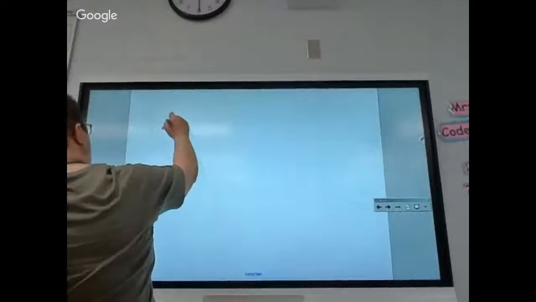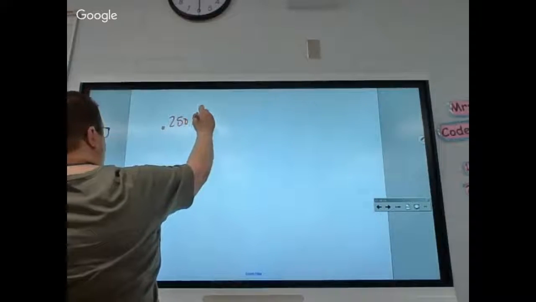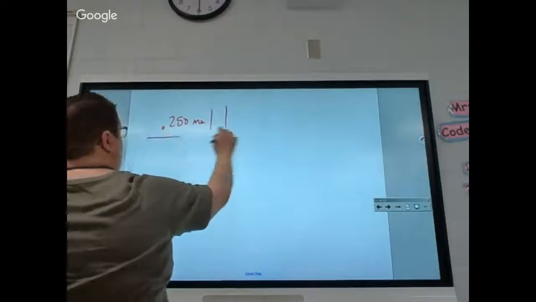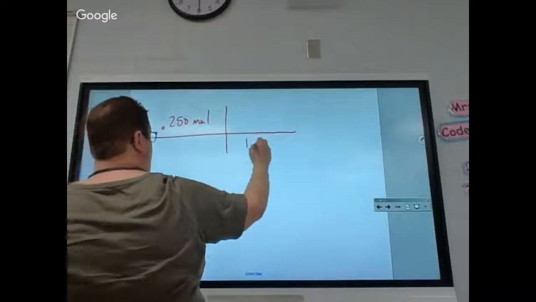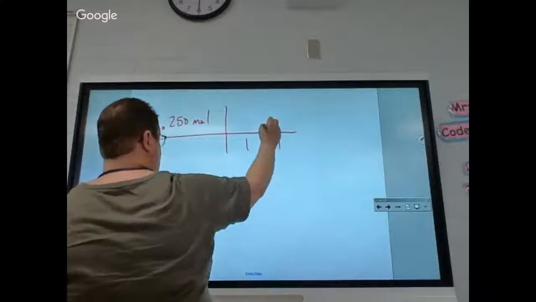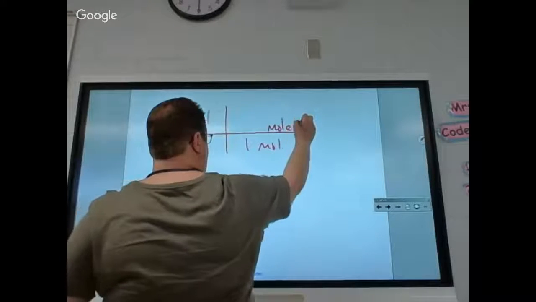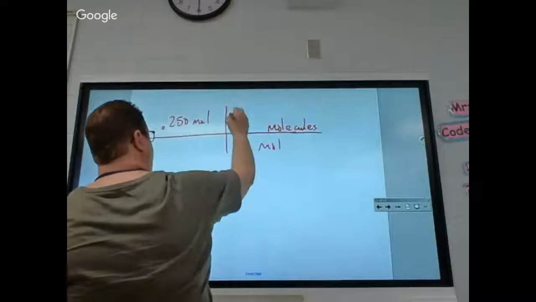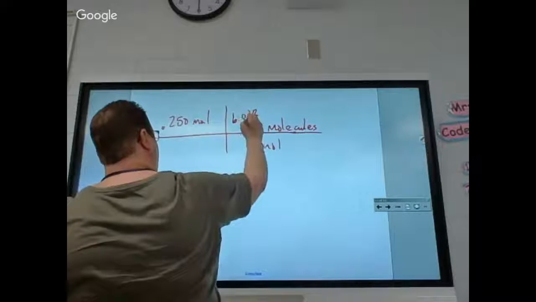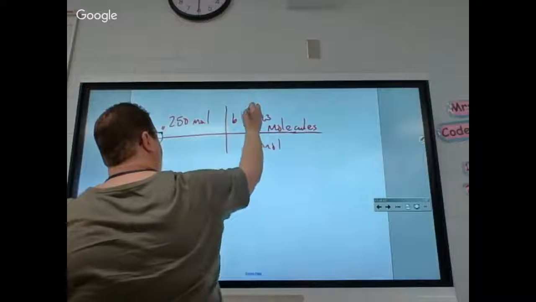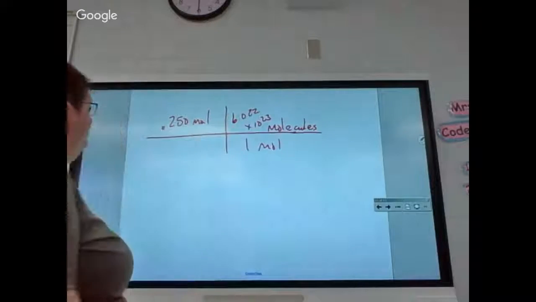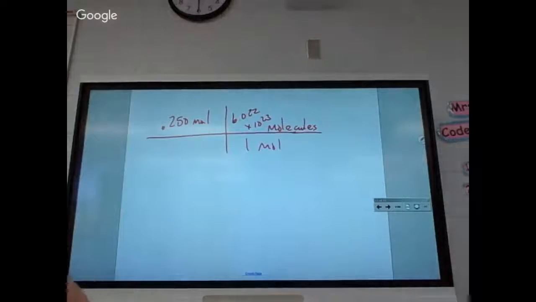So how do we go from moles to molecules? If we're in moles, that's a really ugly mole. 1 mole on the bottom. You put Avogadro's number. Yep. That's it. Moles to molecules. That's number 2. All right.